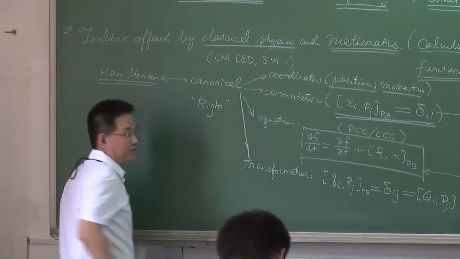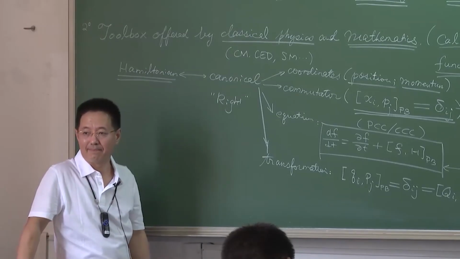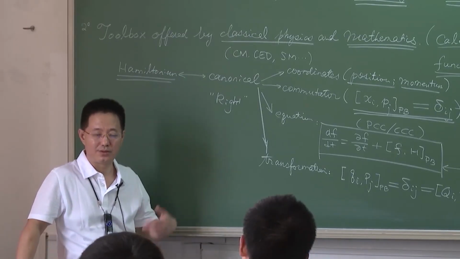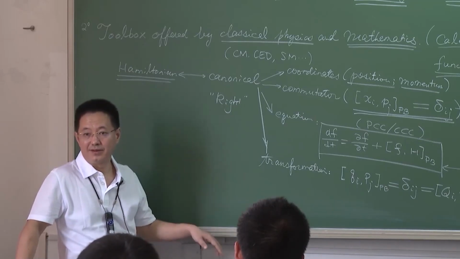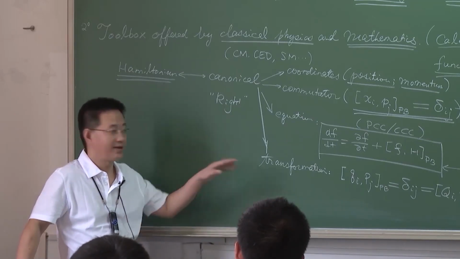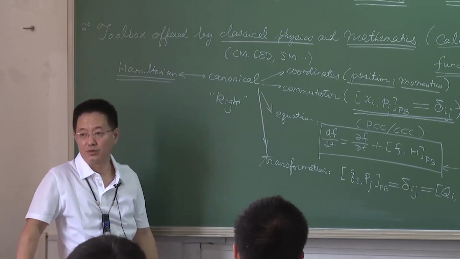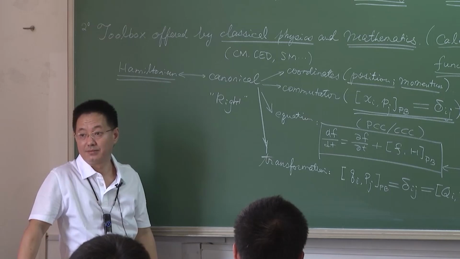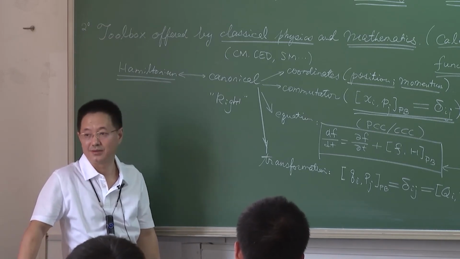But if you do not choose the canonical coordinate from the very beginning, if you choose the kinetic momentum, all the properties of the unchanged things, of the commutator and equation and so on, cannot be kept. So it's very important for you to choose the canonical coordinates first.